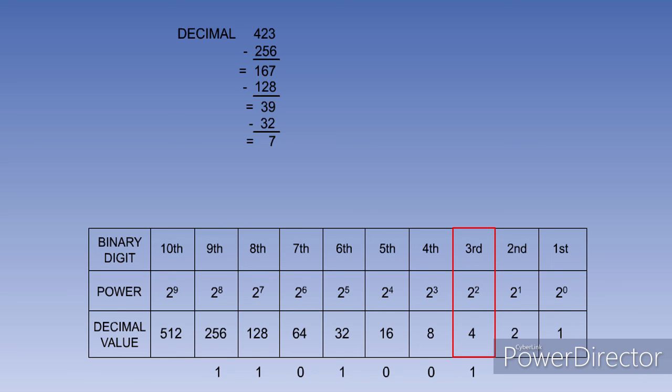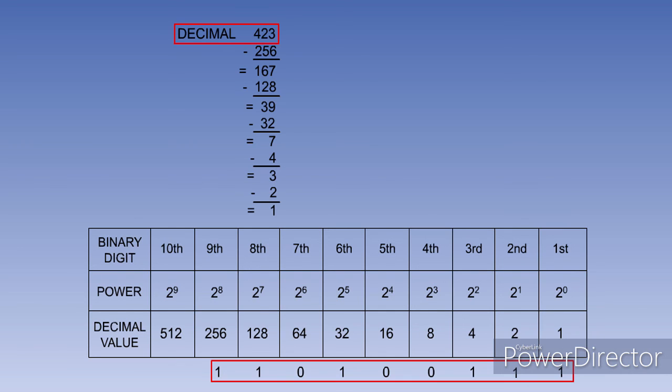It is greater than 4, so the 3rd column gets a 1. 7 minus 4 is 3, which is greater than 2, so a 1 goes under the 2nd column. 3 minus 2 is 1, so the 1st column gets a 1. Therefore, the binary equivalent of decimal 423 is 1101000111.